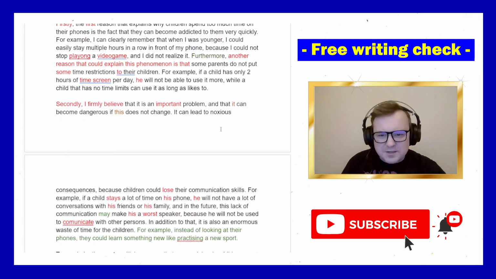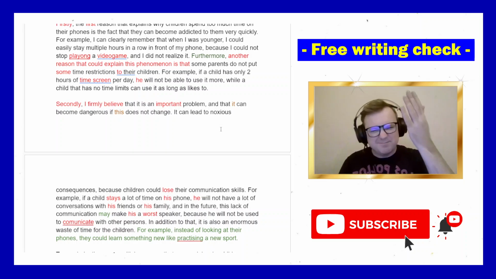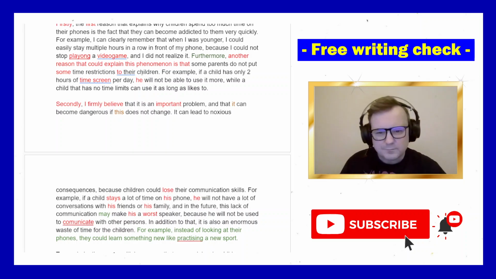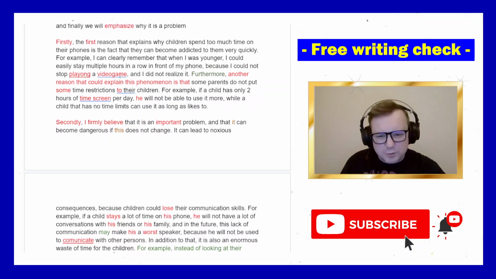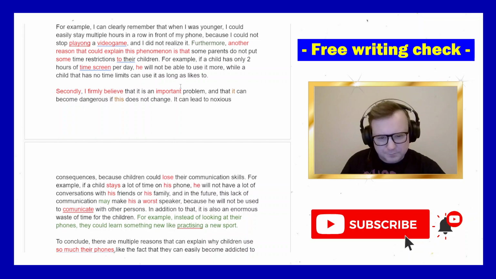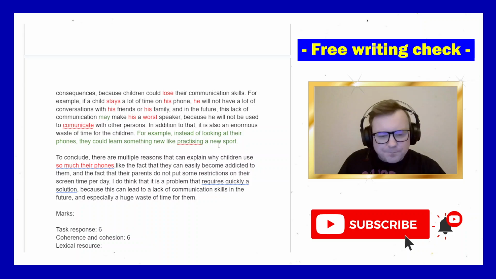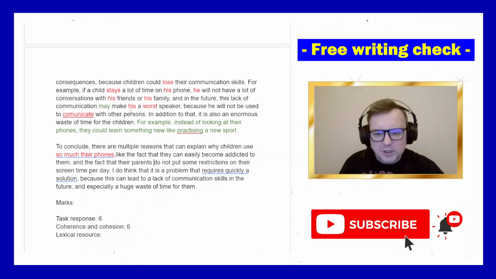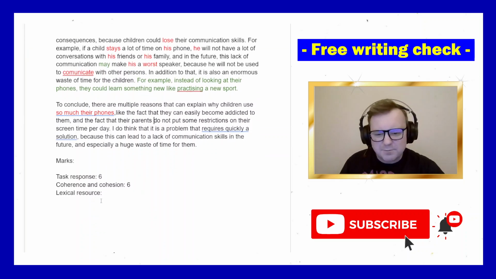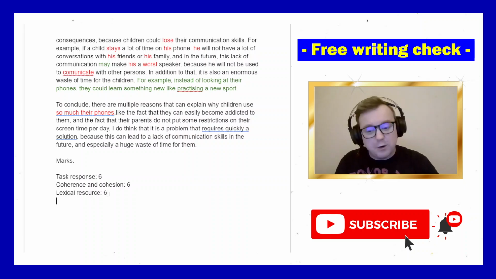Bit of topic specific language, I guess. Screen time is mixed up, but okay. Video game is written as one word, but okay. In front of my phone, good. Communication skills as a collocation, fine. So enough vocab, but not great. All sixes so far.